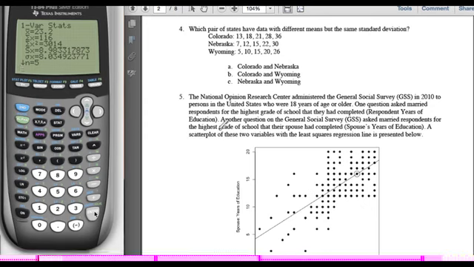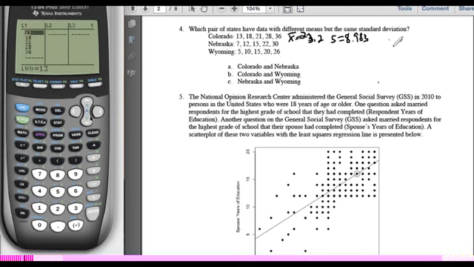So for Colorado, my mean is 23.2. And my standard deviation would be 8.983. I'll do the same thing for Nebraska next.